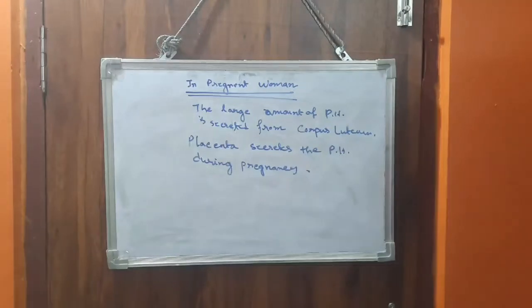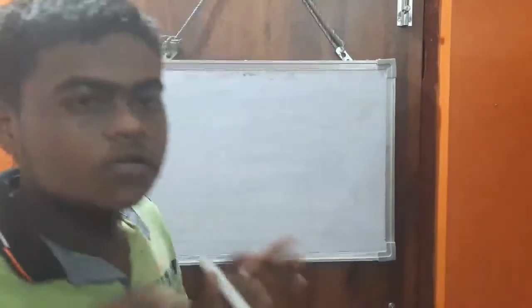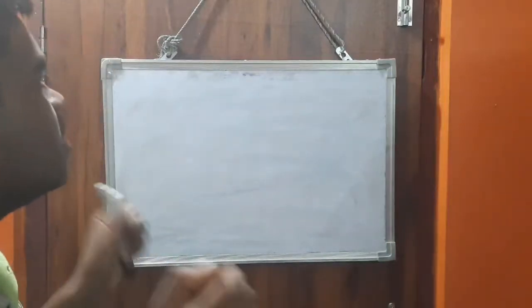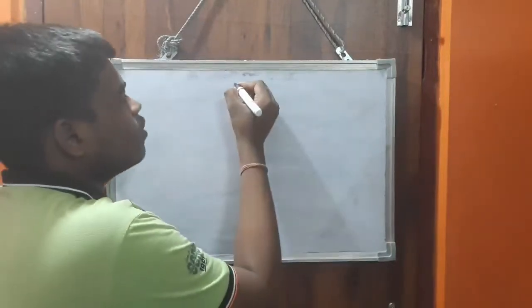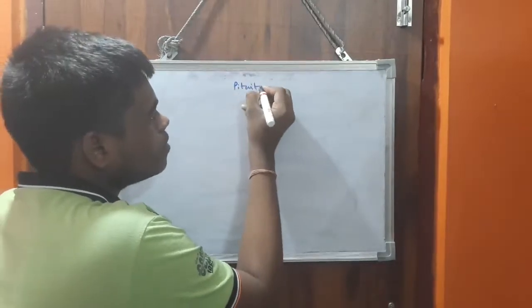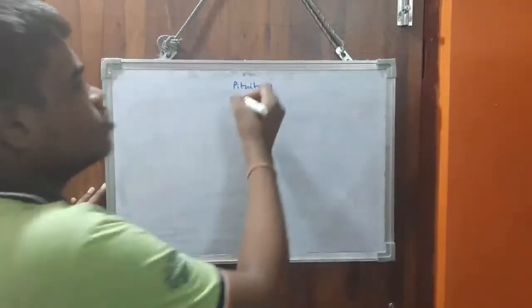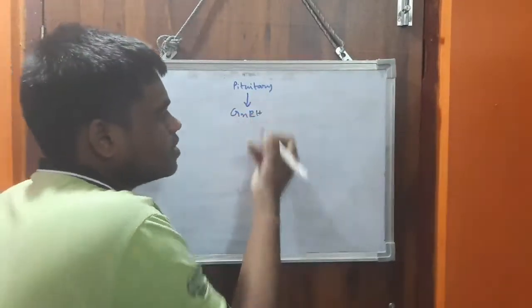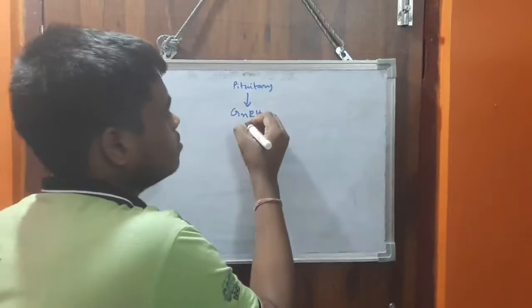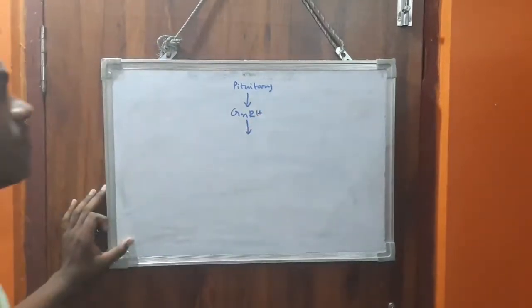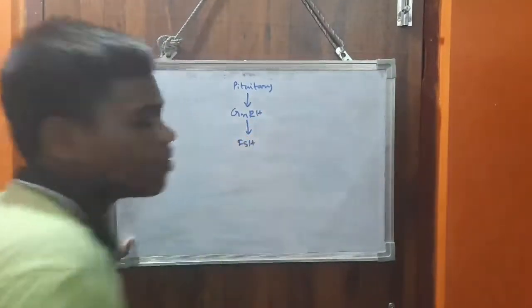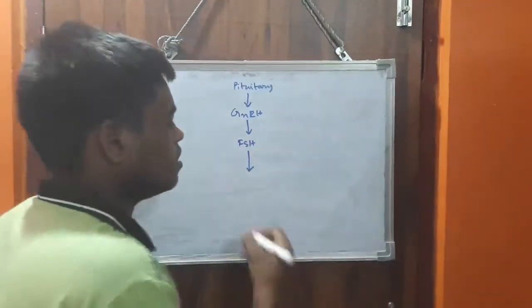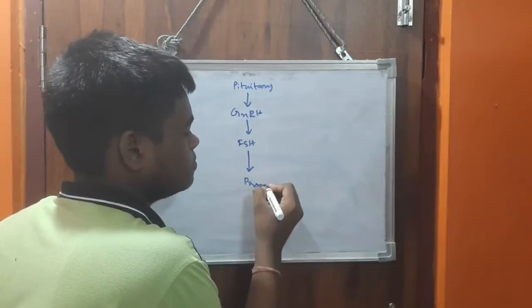So guys, if we want to make a flow chart of the secretion of progesterone hormone, it will be like this: from the pituitary. Which hormone secretes? GnRH, gonadotropin releasing hormone. This also leads to follicle stimulating hormone.